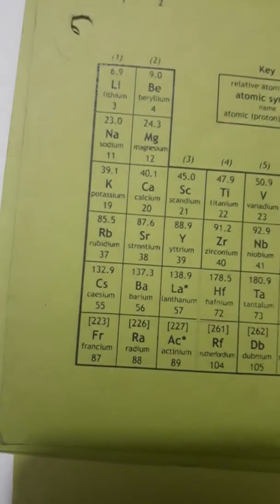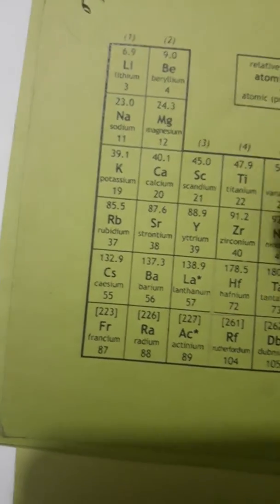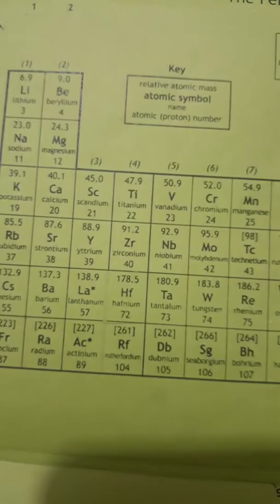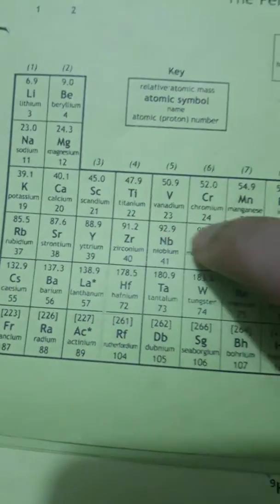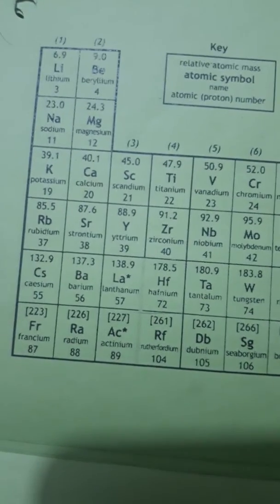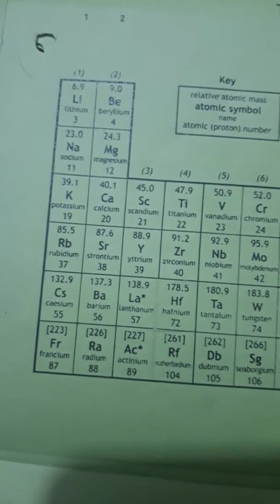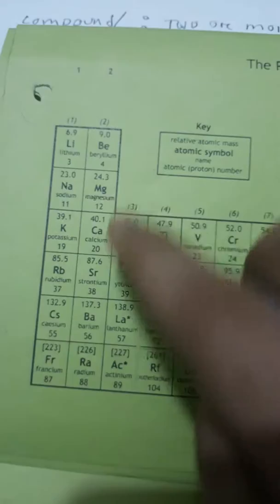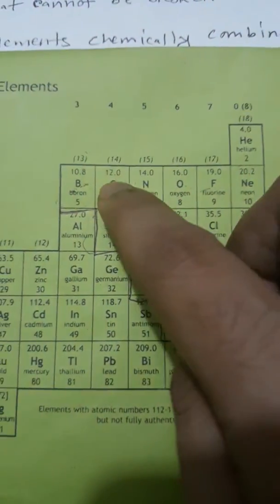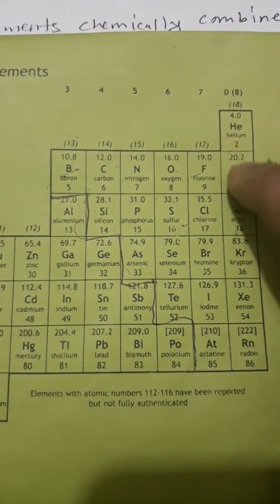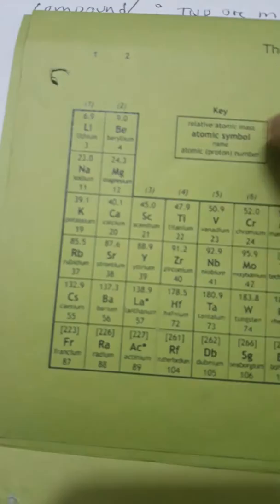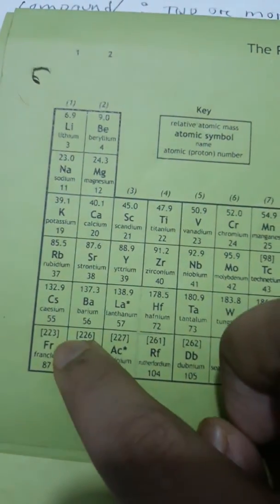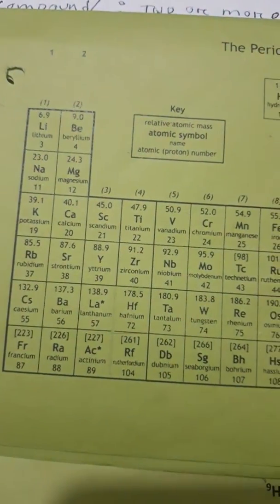Now you can clearly see there are some horizontal rows. These horizontal rows are called periods. There are 8 groups or vertical columns, and there are 7 periods or horizontal rows.